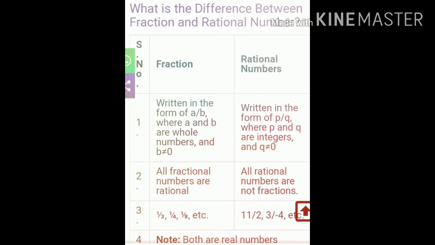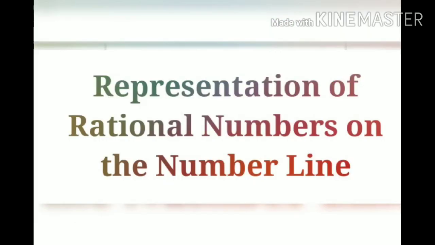Rational numbers are written in the form of p by q, where p and q are integers and q is not equal to 0. All fractions are rational numbers, but all rational numbers are not fractions.